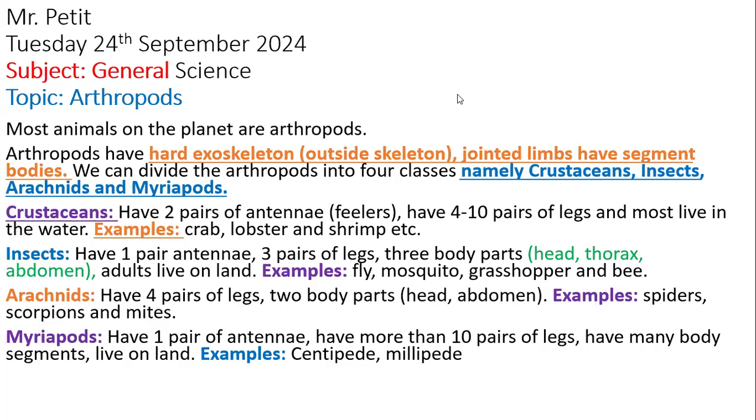All right, write this down for me, please. So these are the arthropods. Most animals on the planet are what? Arthropods. So whether you love them or hate them, they are more in population than us.